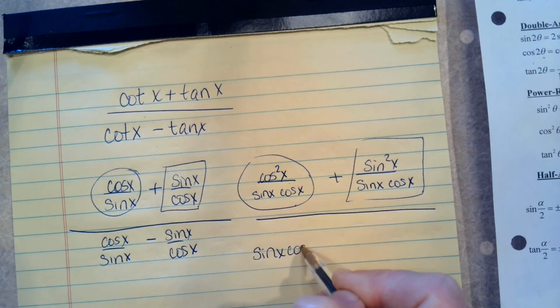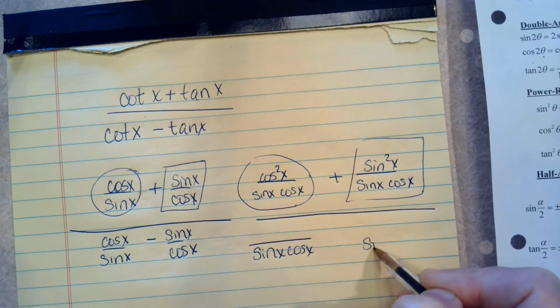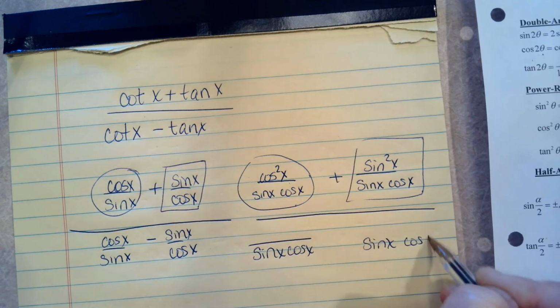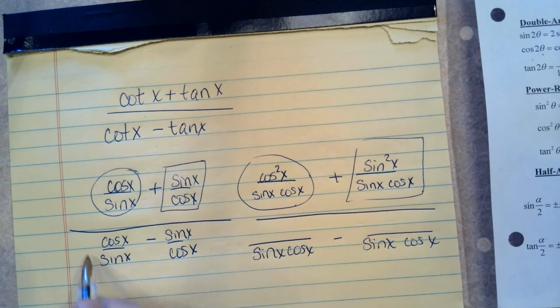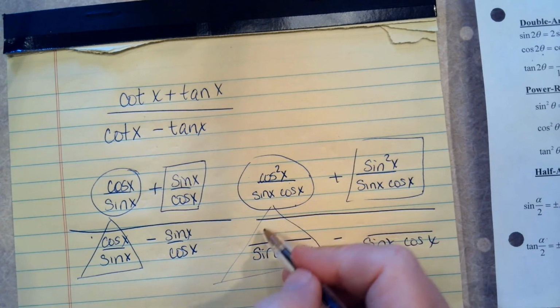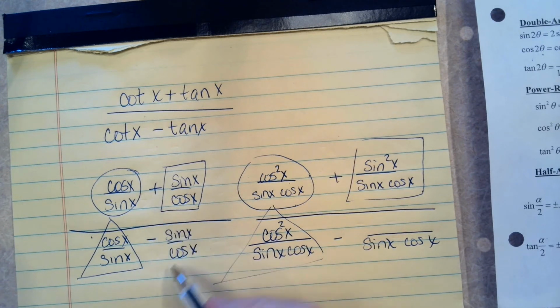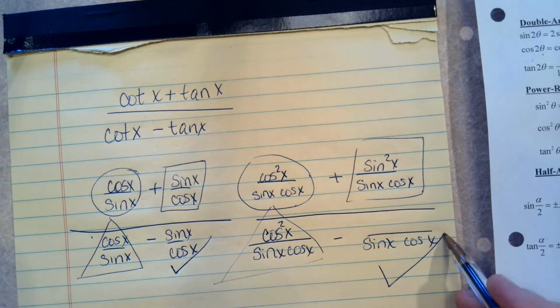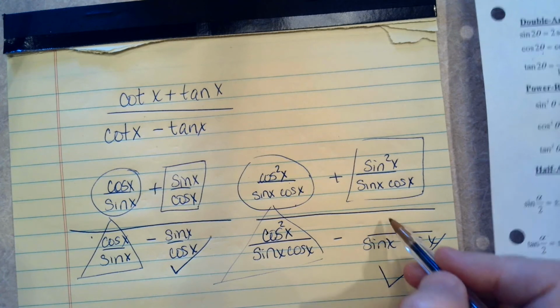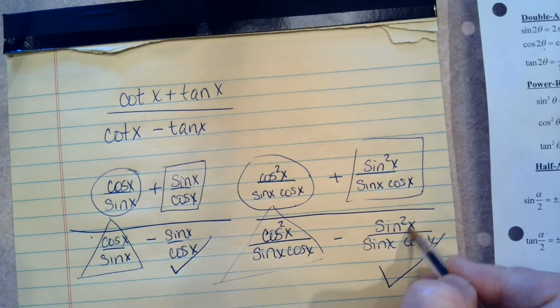Sine x, cosine x is going to be my common denominator. So for this one to change into this one, I need to multiply both by cosine x, which is going to give me cosine squared. And for this one to change into this one, I'm going to multiply them both by sine, so I'm going to have sine squared x.